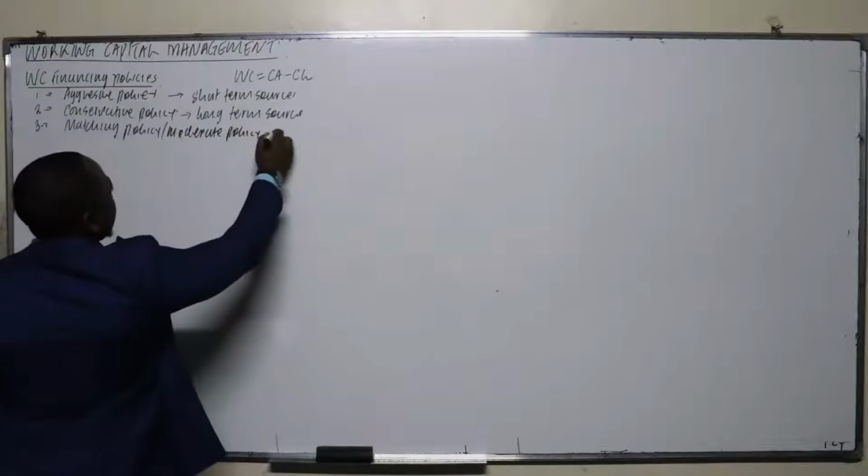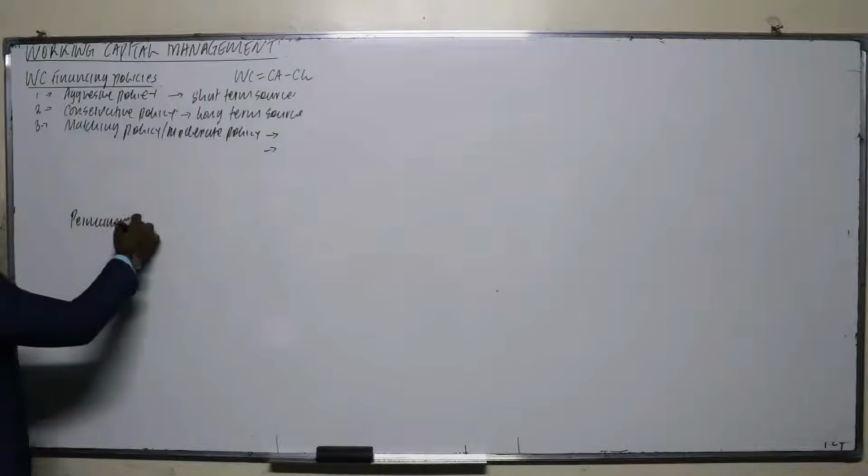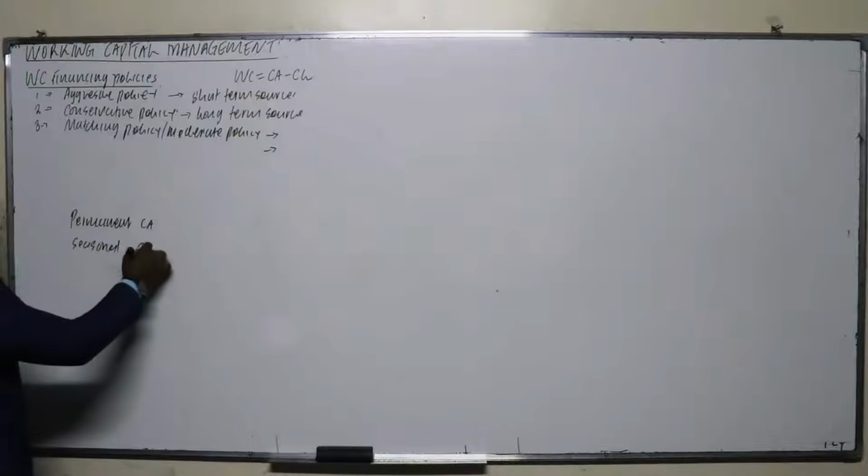In this case, current assets are classified into two: the permanent current assets, and the seasonal or fluctuating current assets. Permanent current assets might be in the company for more than 1 year, and seasonal ones are those working capital that fluctuates above the optimal level.